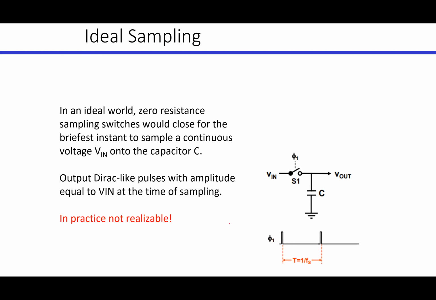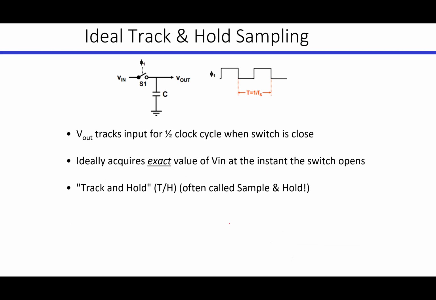But that's not reality. We cannot have such short pulses. So what happens is that we have a 50% duty cycle clock in most cases, and V output basically tracks V input for half of the clock cycle when the switch is closed.